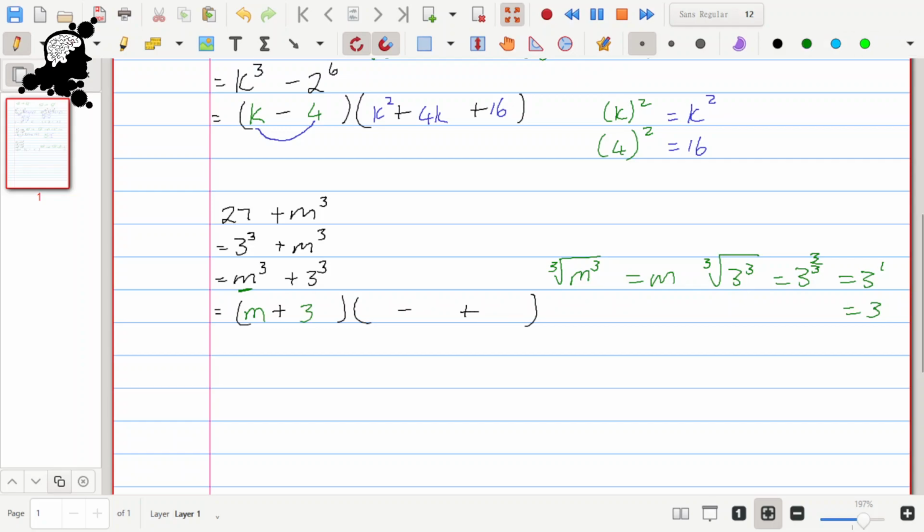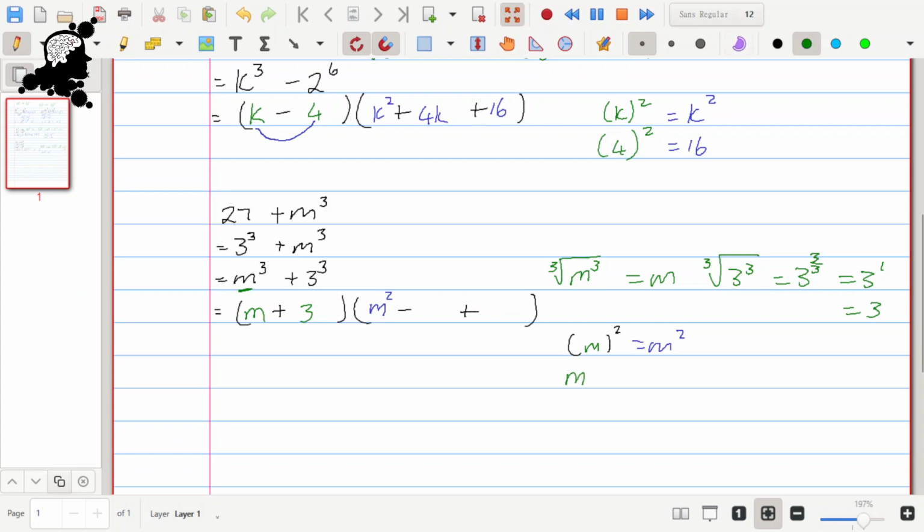Next, I need to get the terms in the big bracket. Let's take the first term that we have in our small bracket and square it. So m squared, this is just going to give me m squared. So let's write m squared there. Next, I multiply the two terms in the first bracket.